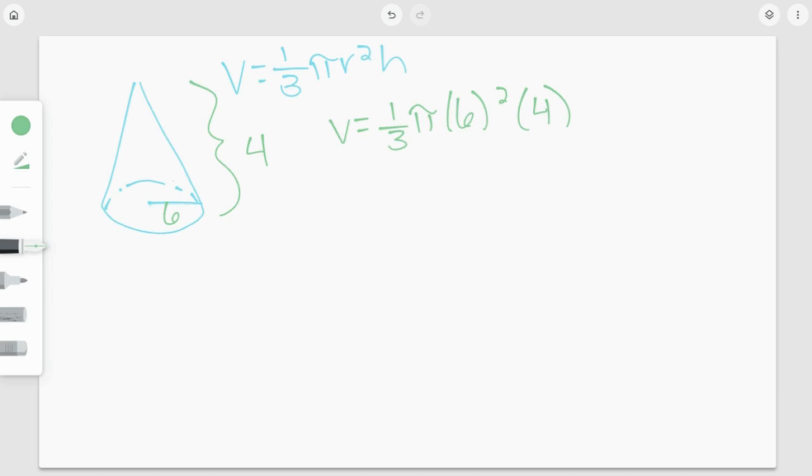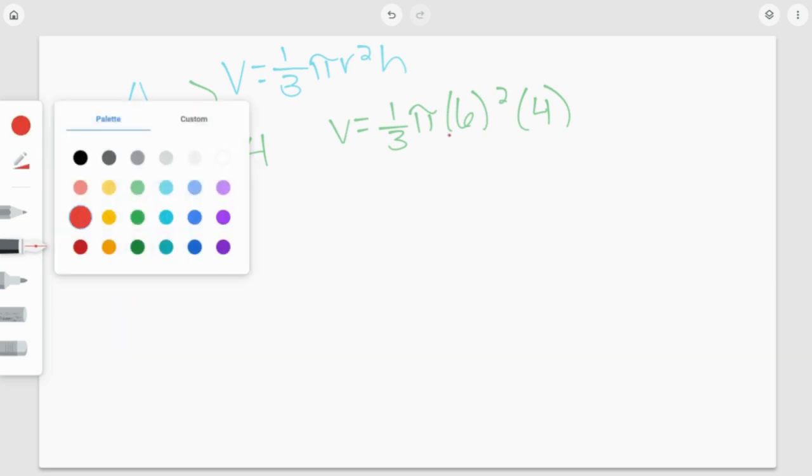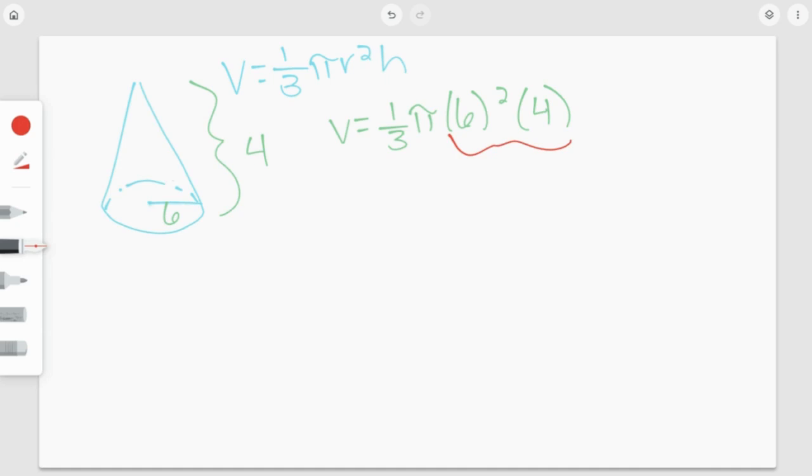Now again, you have to read the directions. If it says in terms of pi, we're just multiplying all the numbers together. So what we can do is multiply this first, and then we'll multiply it by the 1/3 in front. So really, this is pi times 1/3. We can rearrange that, times 6 squared times 4. So you can put all of this in your calculator.